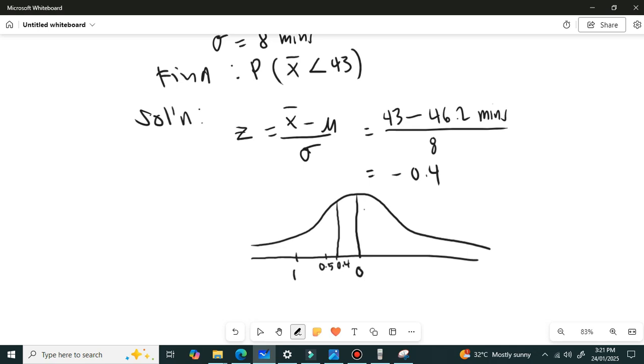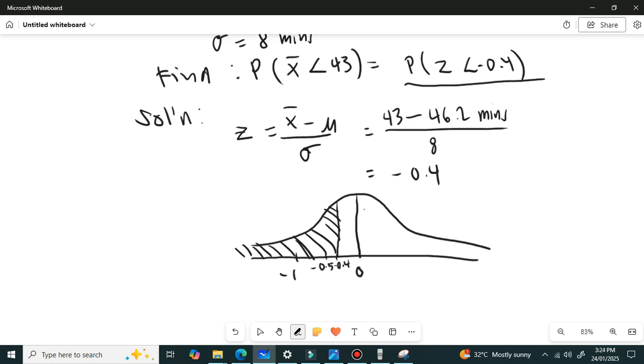Our curve looks like this one. We have the negative 0.4 on the left side, and we want to find the probability of z less than negative 0.4. So we shade this part from negative 0.4 to negative infinity.